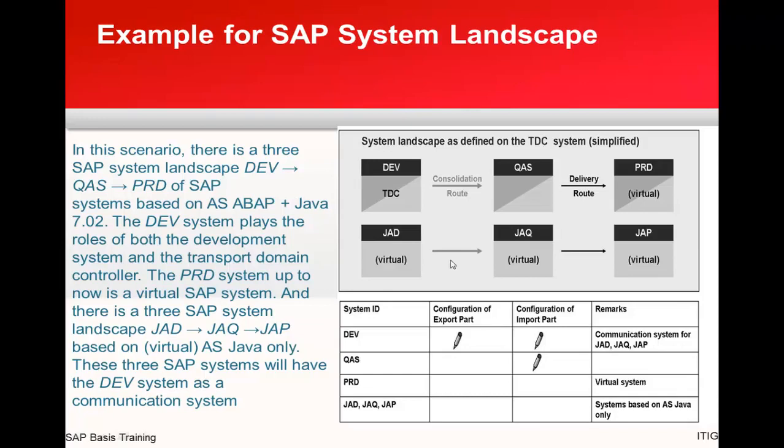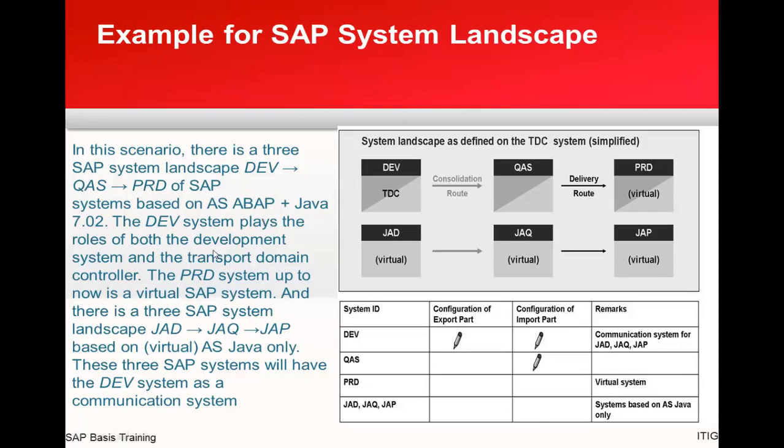Now in this scenario you can see that this is a simplified landscape. You have your dev system, QA system, production system, and you have your Java systems. In this scenario there are 3 system landscapes.